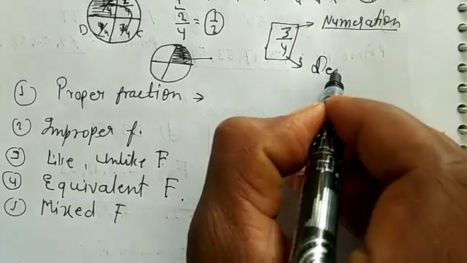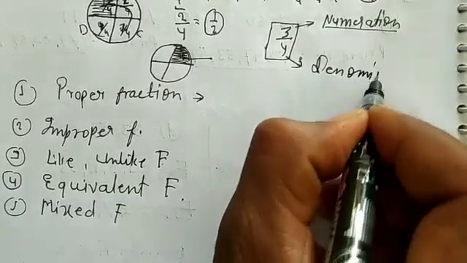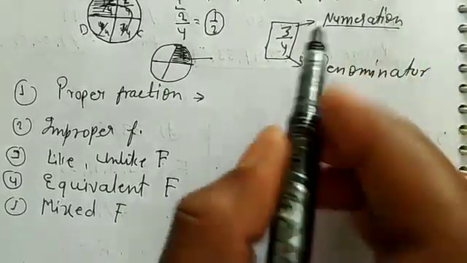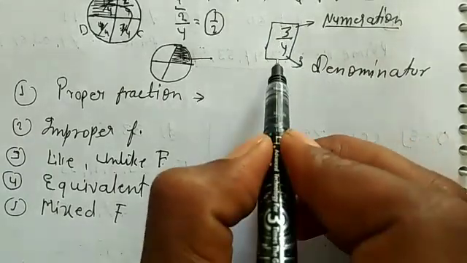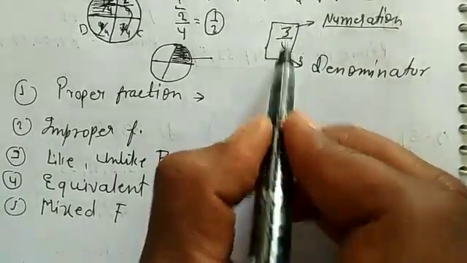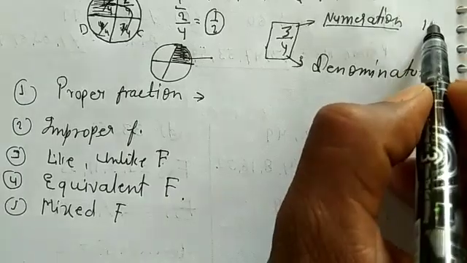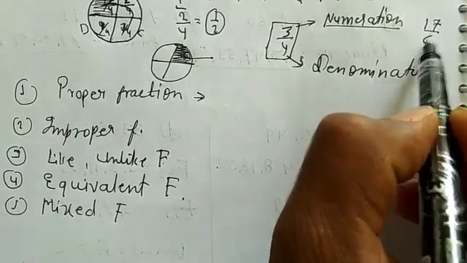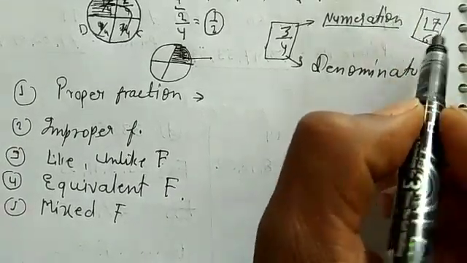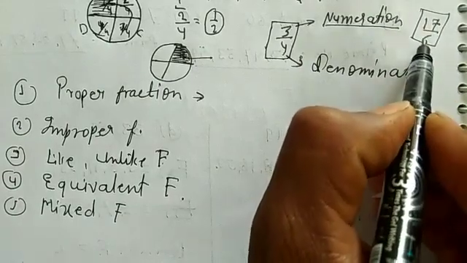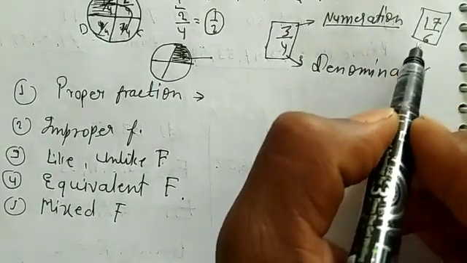This is the numerator and this is the denominator. This is 3 upon 4. Suppose this is 17 upon 6. In this the denominator is 6 and the numerator is 17.